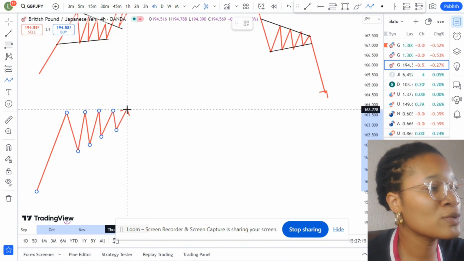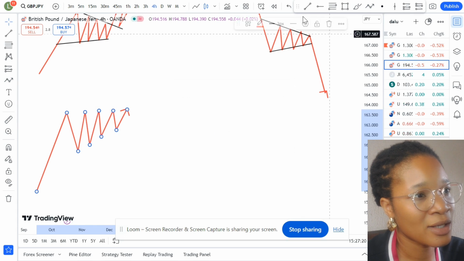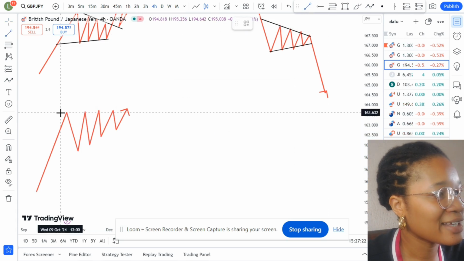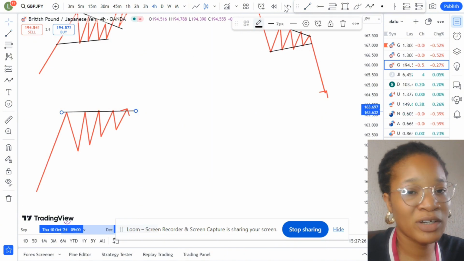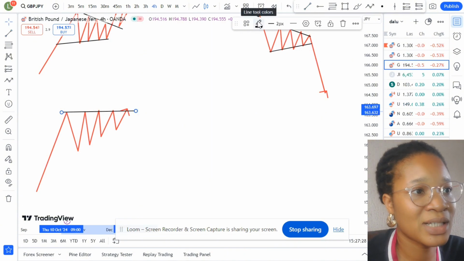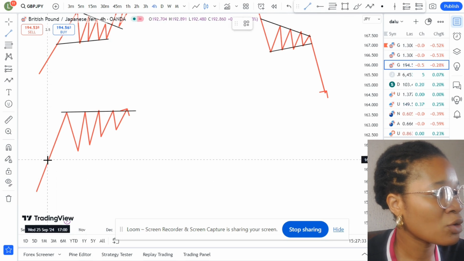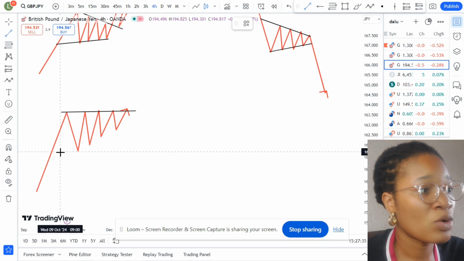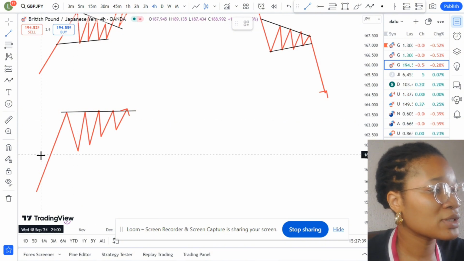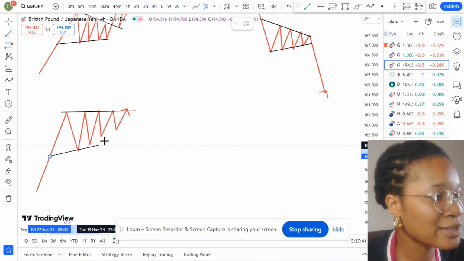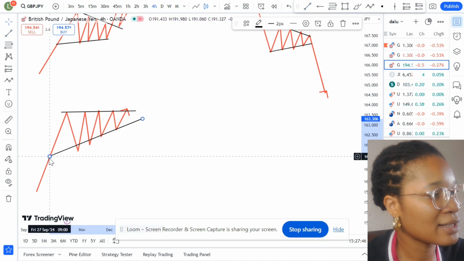Most times when you see this, once it looks to me like a triangle that has a horizontal resistance line but a diagonal support, I just use my trend line and mark that out.